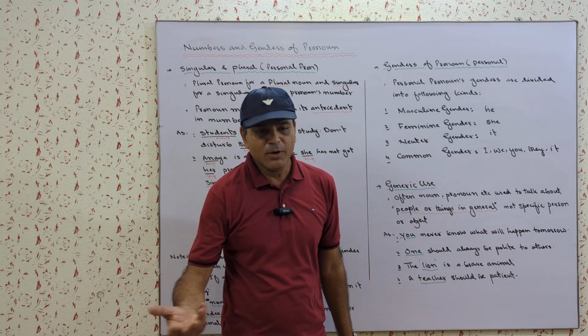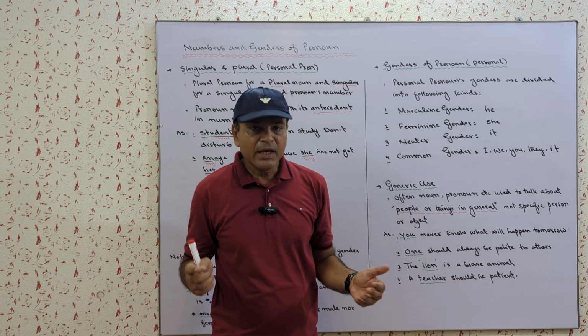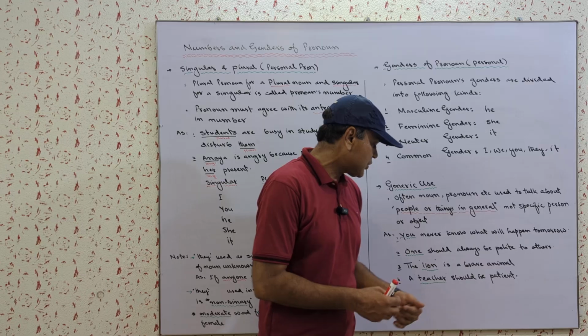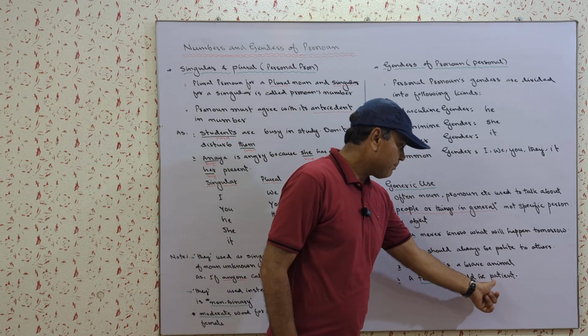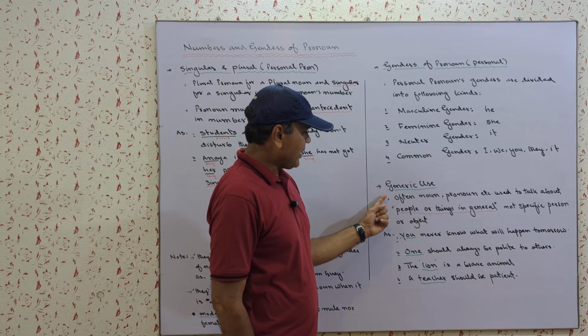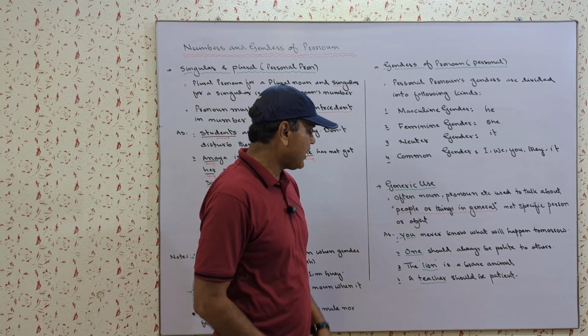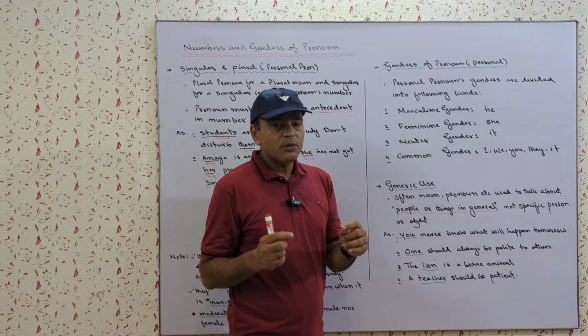Here I am not talking about only myself or some other teacher. I am making a general statement that anyone who does the work of teaching should be patient. So the generic use of a noun or pronoun is that in which we do not specify a person, but we generalize a thing.